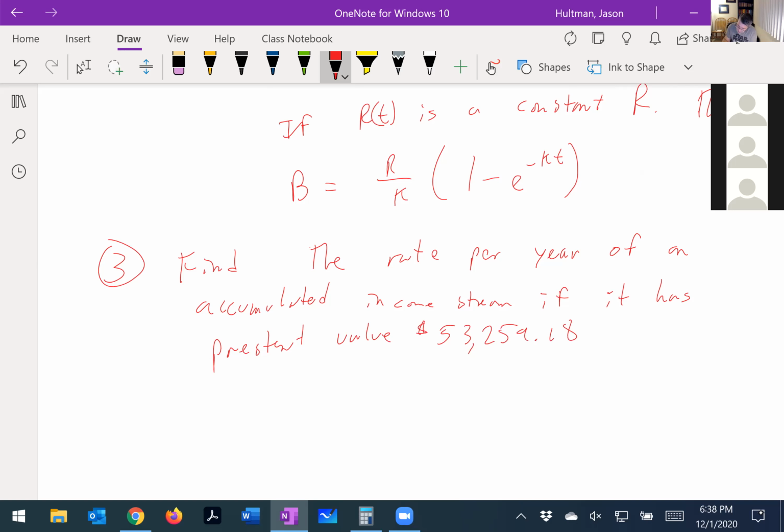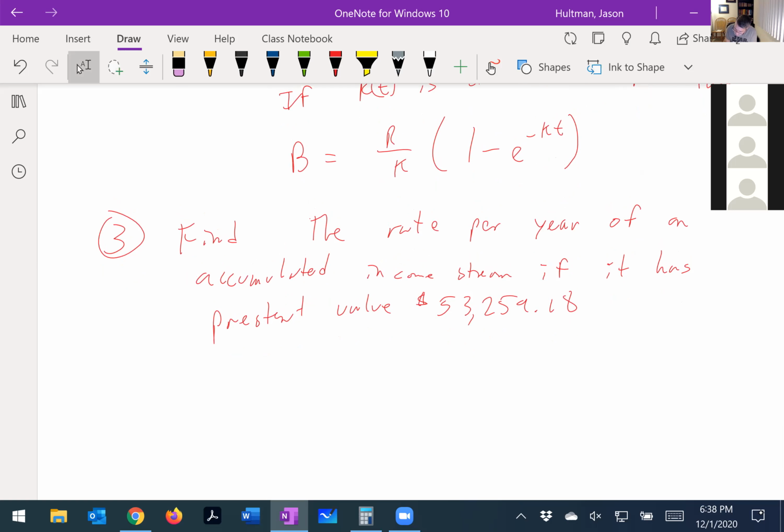Okay, so what are we looking for? We're looking for the rate per year, or the amount per year, or the amount deposited per year.